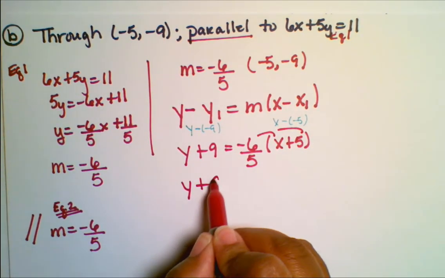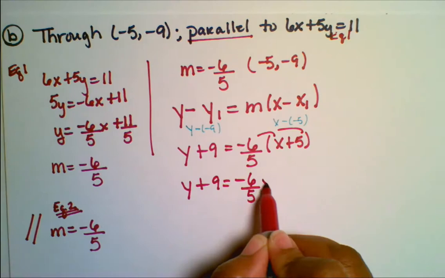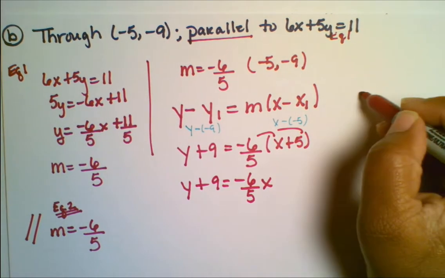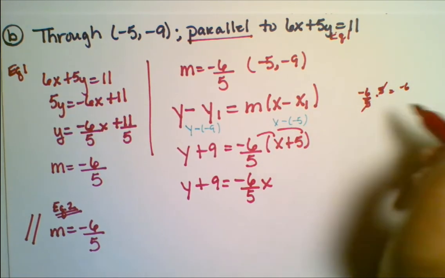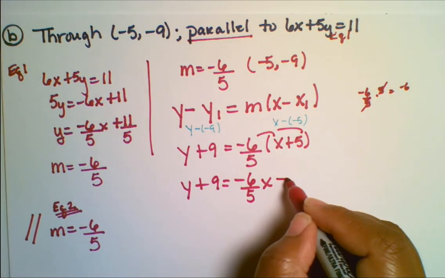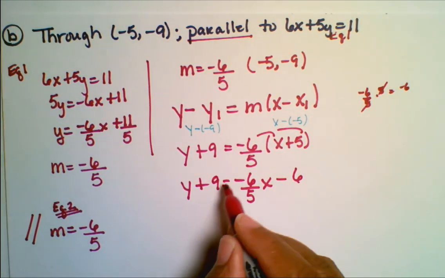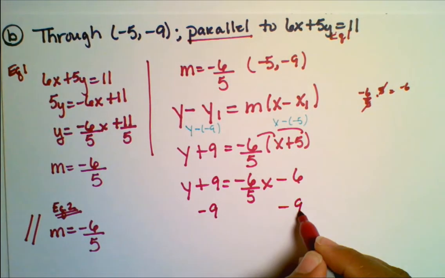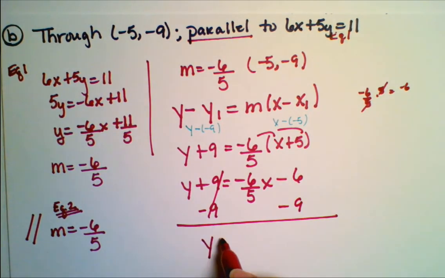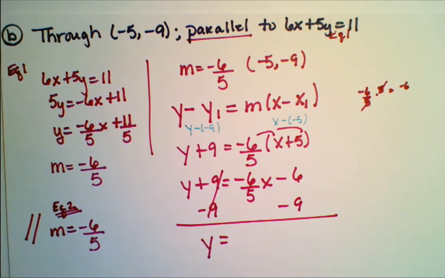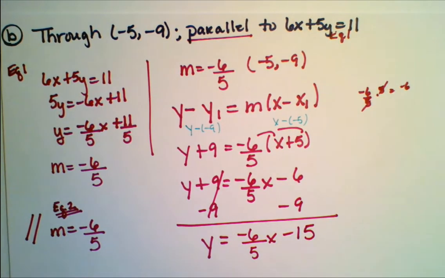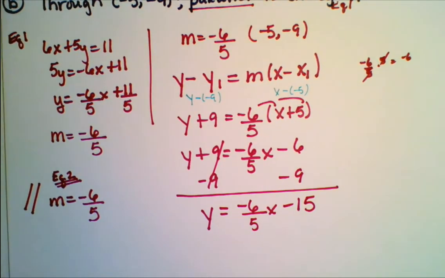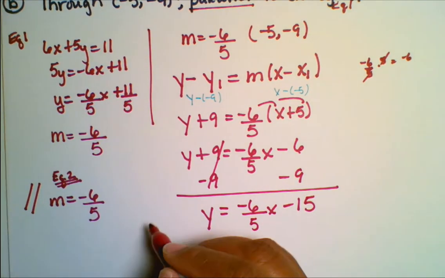We have y + 9 = -6/5 x, and then -6/5 times 5 gives us -6 because the 5s divide out. So we have minus 6. Then we subtract 9 from both sides, and we have y = -6/5 x - 15. So this is our new equation 2.